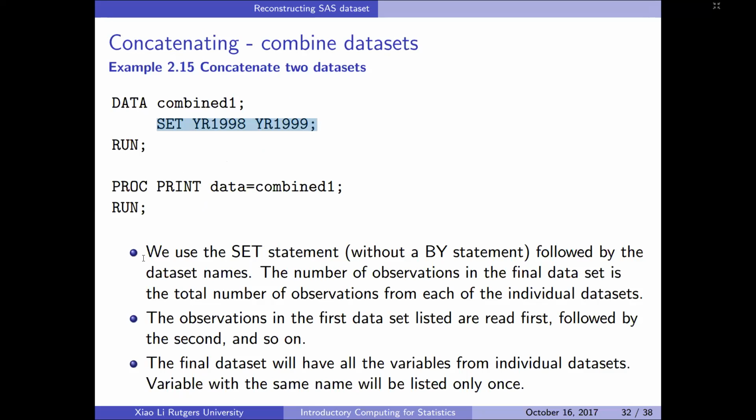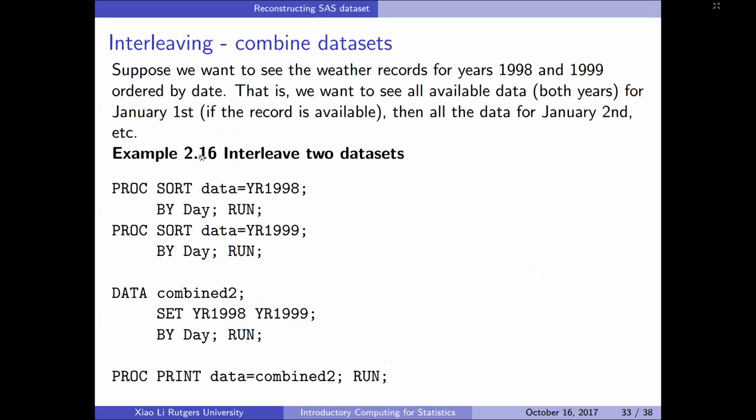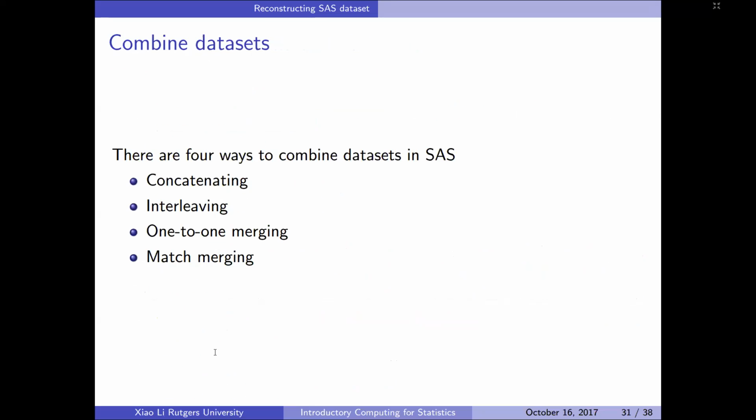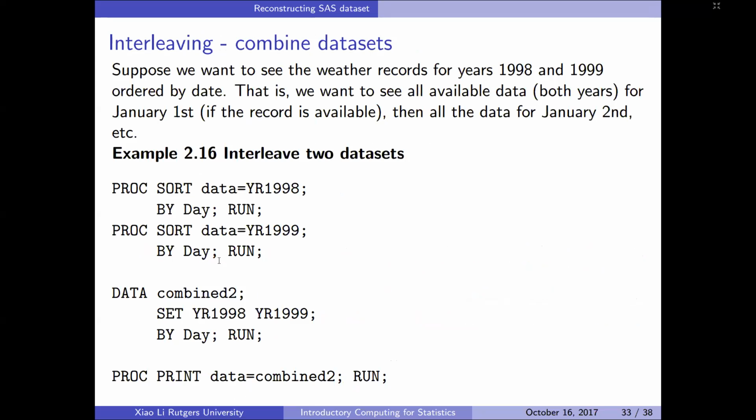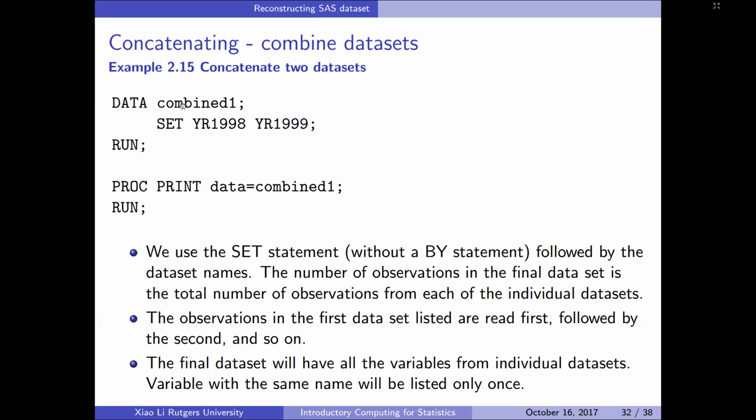We use a set statement followed by the data set names. The final data set has the total number of observations from each of the individual data sets. That is, in our combined one data set, we'll have 1, 2, 3, 4 plus 1, 2, 3, 4, 5. It will have 9 observations in our combined one data set here.